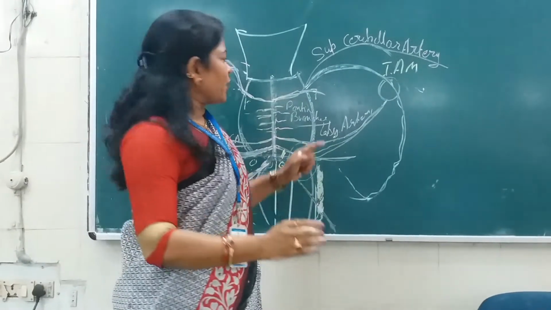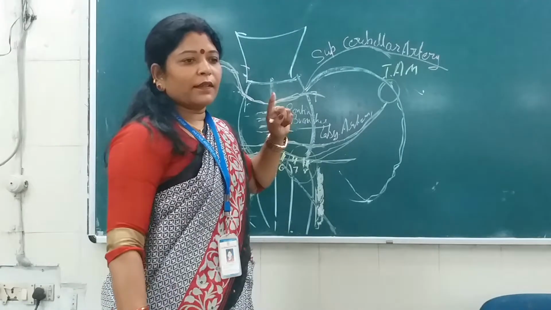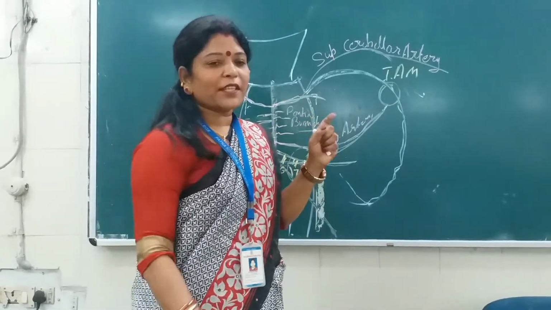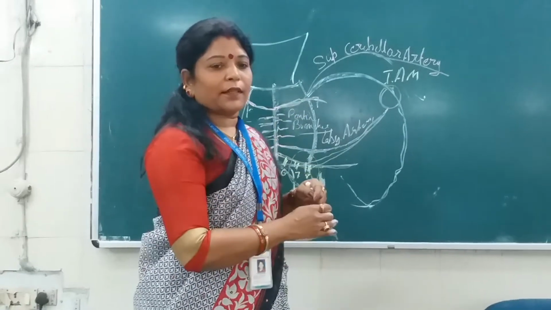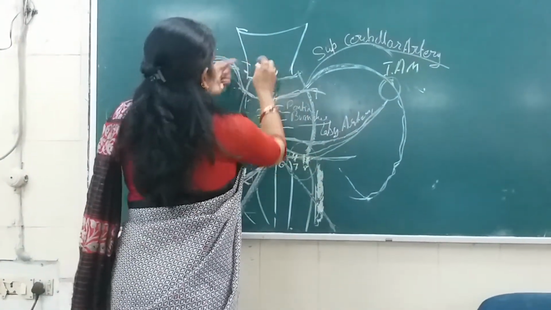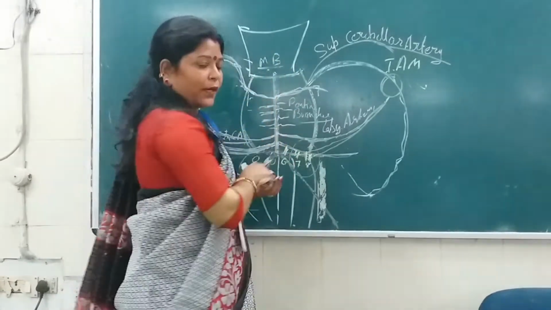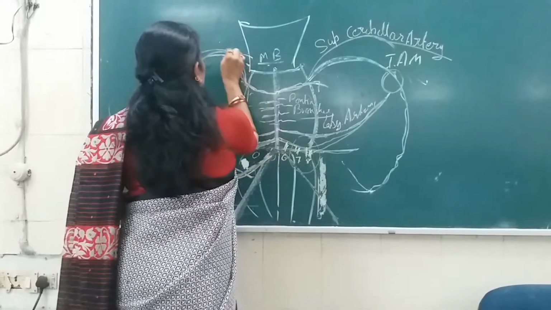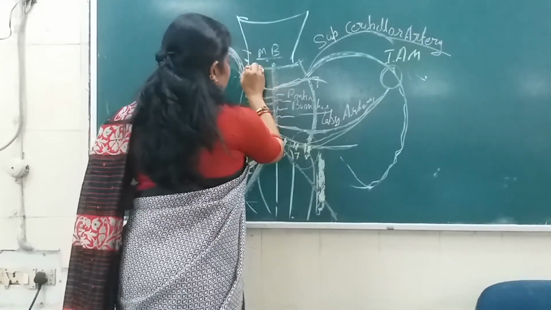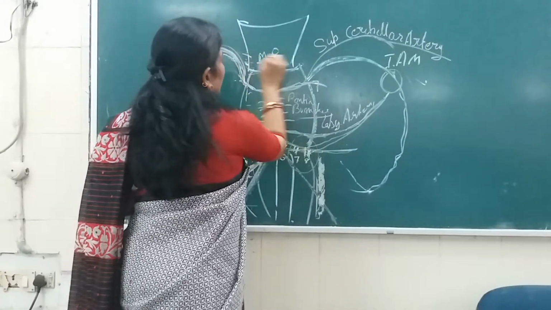What other structures will be supplied by this superior cerebellar artery? Imagine what other structures are closely related here in the brainstem. What is this? This is part of the midbrain. Okay. So this superior cerebellar artery will supply the pons also, cerebellum also, and also the midbrain.